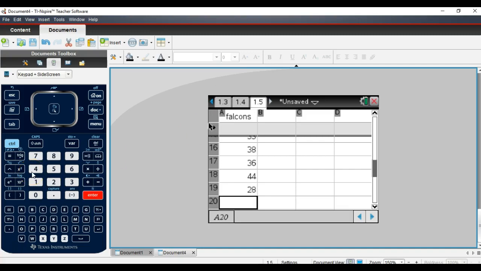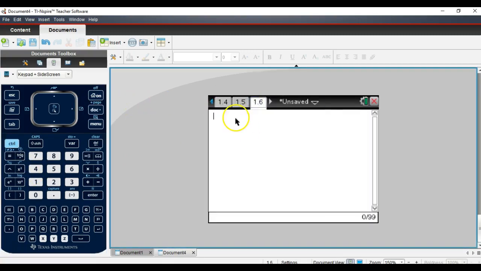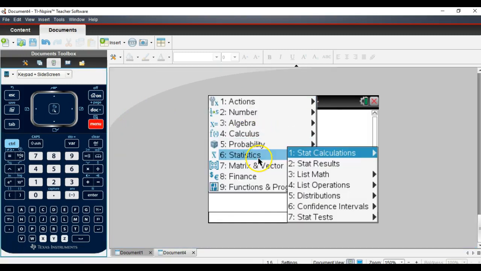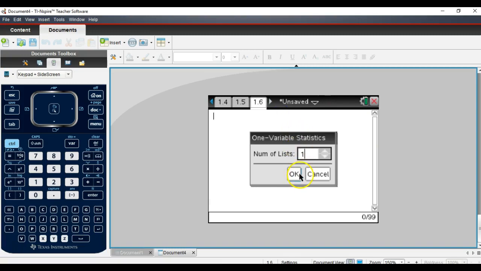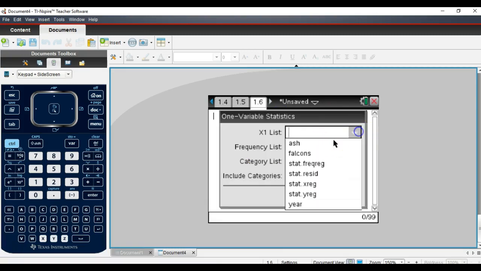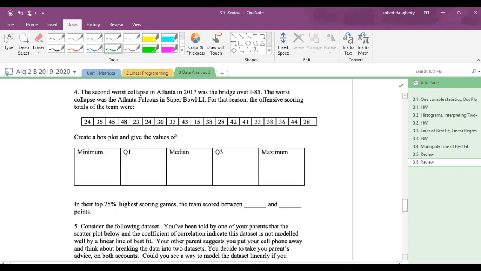So what are they asking me? They're asking me for some data about this, so I can go and just create a new calculator page. A couple ways I can do this. I can say menu, statistics, stat calculations, one variable statistics, one list, and I'm looking for the Falcon data. And so what are they asking me for? So they're asking me for the minimum.